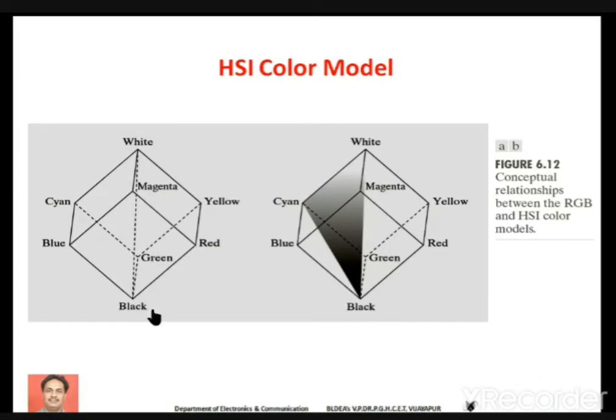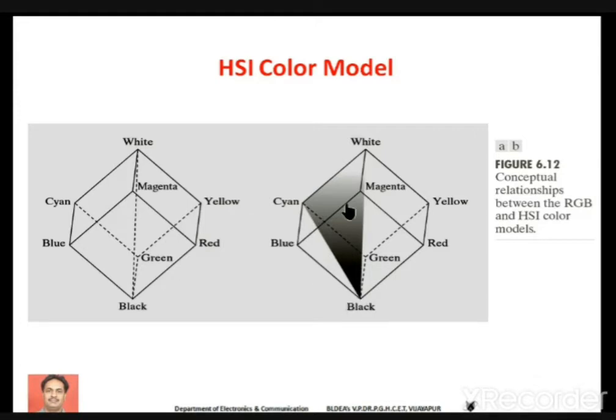And as we know, black is situated at the origin, as happened in the case of the RGB cube, and exactly the opposite point will be white. The line joining the black and white points is called the grayscale axis or intensity axis.